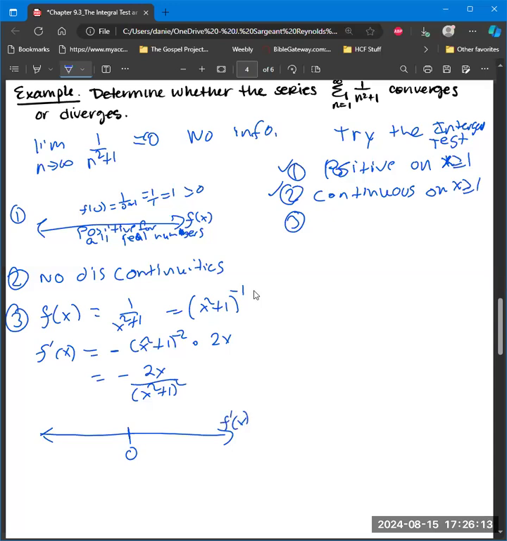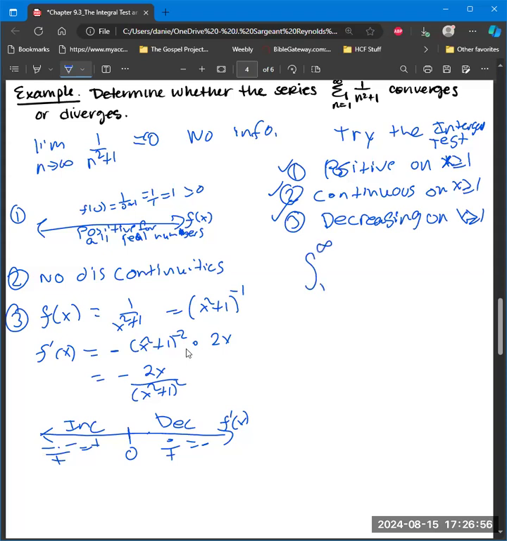For f prime of x, the bottom is always positive. So a negative over a positive is a negative, and it's going to be decreasing here. A negative times a negative over a positive is a positive. It's going to be increasing over here. So it's going to be decreasing on x greater than or equal to 1. So 1 is in there. So check. I'm allowed to use my integral test.